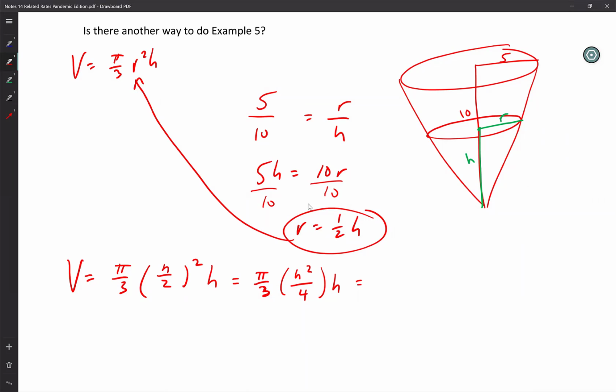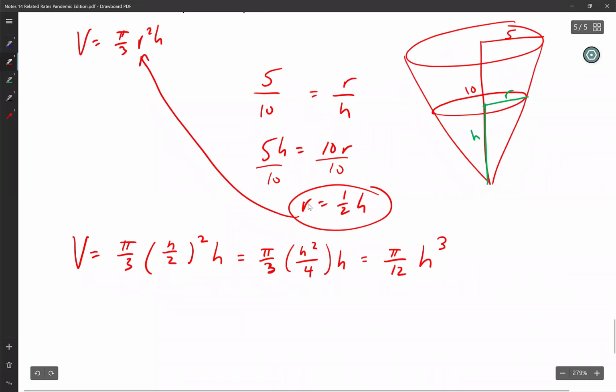Finally, I have pi over 12 h to the third power. If I did the first one right, we should get the same answer on both of them. We're going to find out if I did it right. I feel like I did.